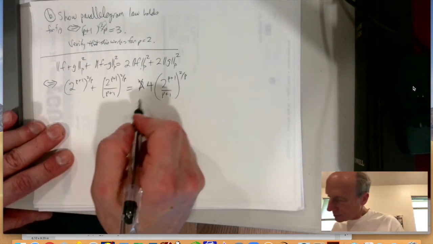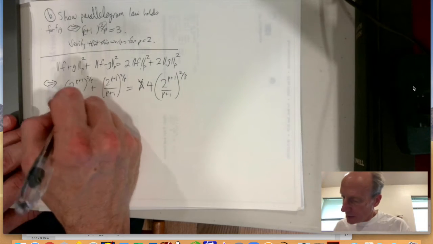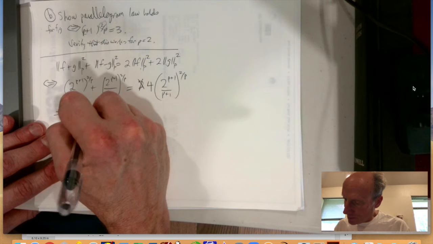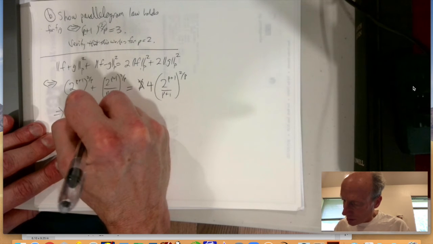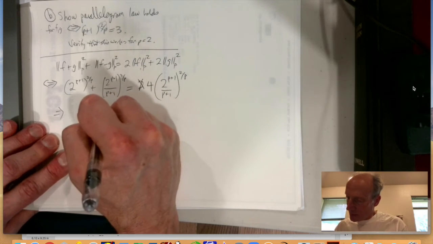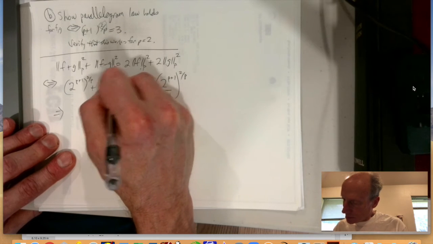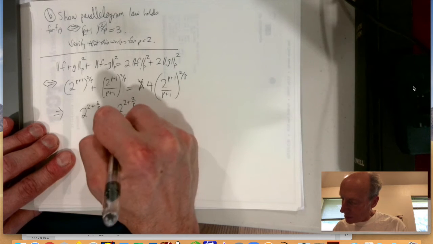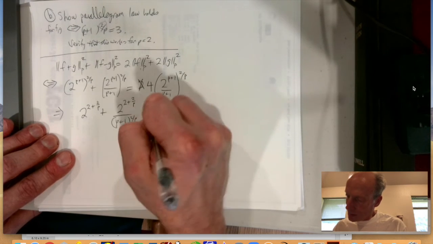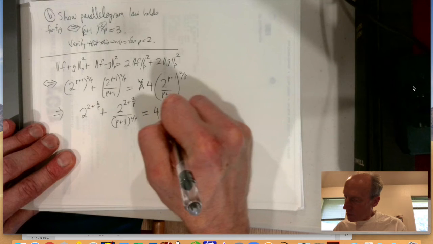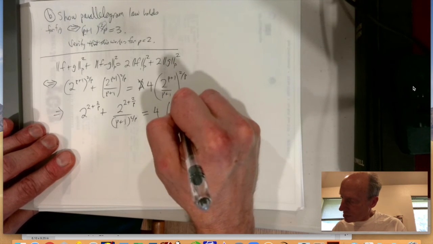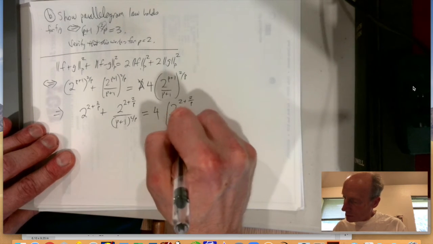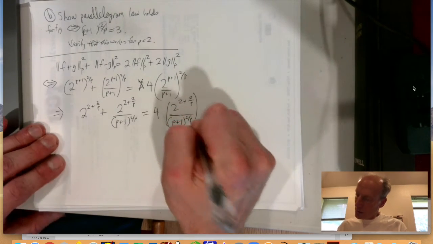Okay, so simplified, you have 2 to the 2 plus 2 over p, raised to the power, plus 1 to the 2 over p, equals 4 times 2 to the 2 plus 2 over p plus 1 to the 2 over p.